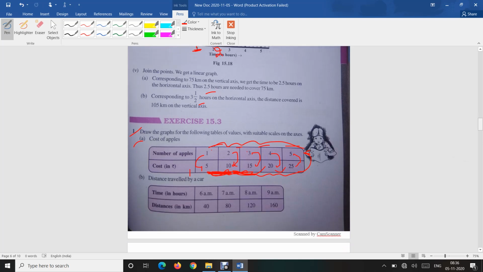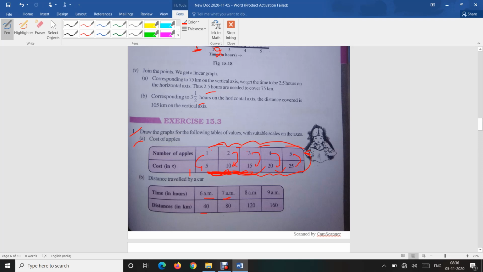Now see the B part of the first question. In that you are given the distance traveled by a car. Again the concept of time and distance: you know, when speed is constant then distance depends on the time. That means time will be taken on the x-axis and distance will be taken on the y-axis. Time 6 am, distance 40.